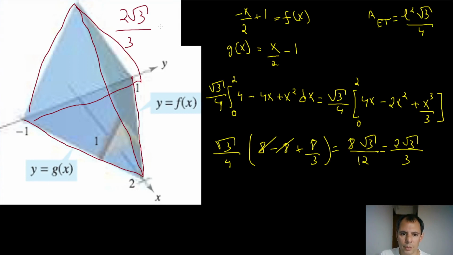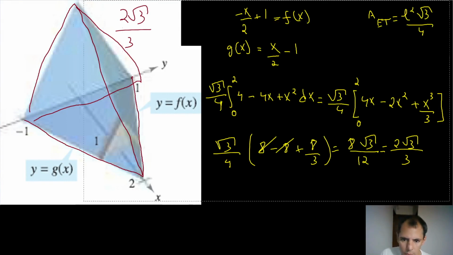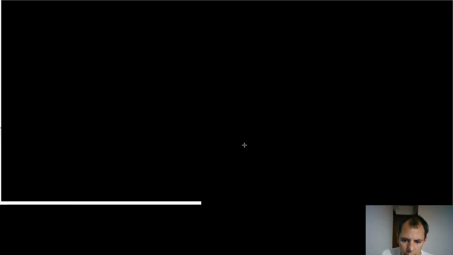When you have a prism, for example, I just want to show something before we go to the next video. I want to erase this stuff in here. Okay. So let's say we're going to have something like this.